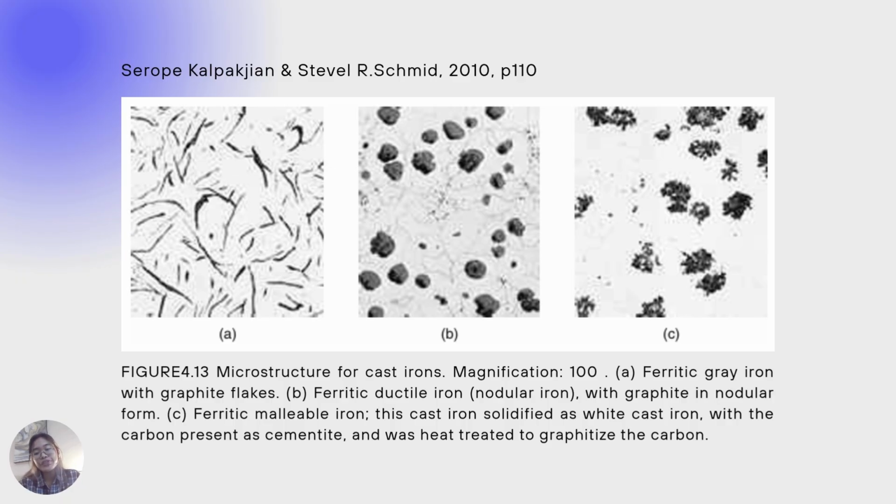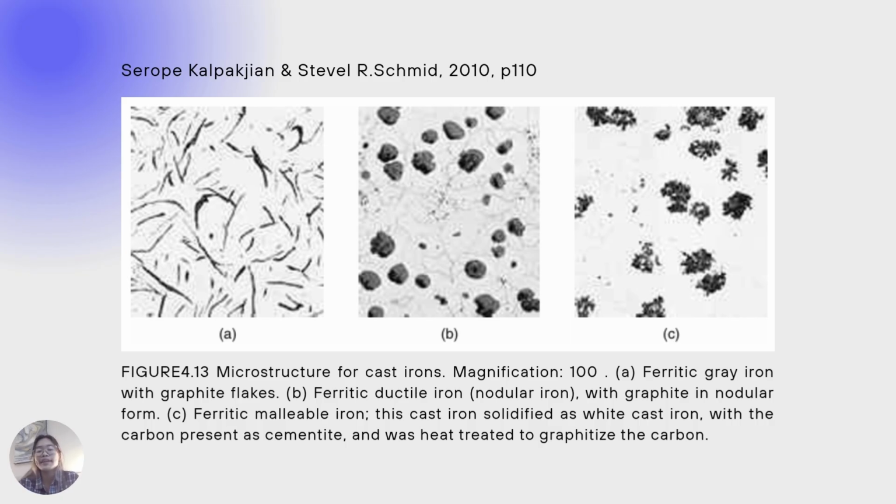This figure shows 3 types of cast iron microstructures under a magnification of 100 times. A. On the very left, ferritic gray iron. In image A, we see ferritic gray iron where graphite appears in flake form. These graphite flakes act as stress concentrators, which makes gray iron brittle.